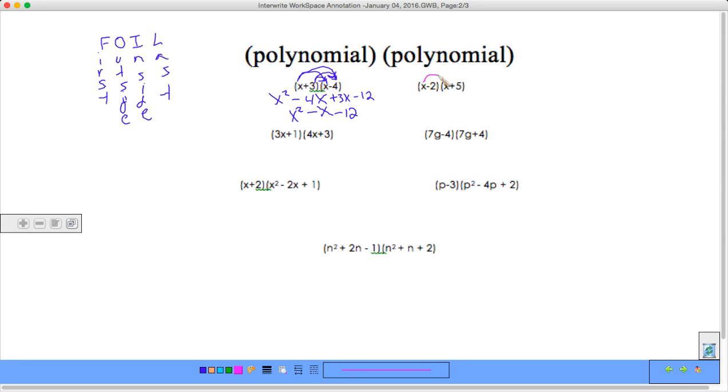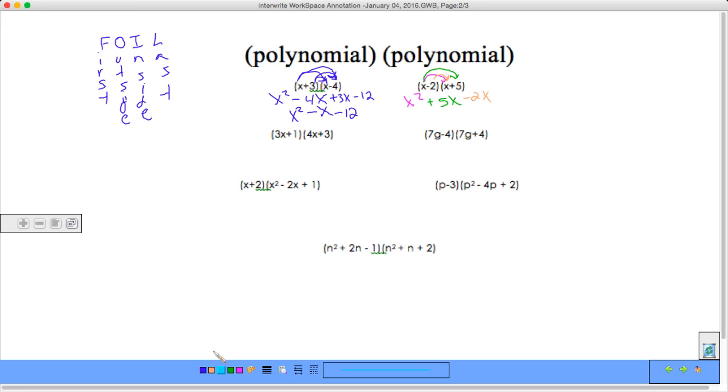We're going to take x times x. That's x squared. Then we're going to move over. X times the next thing is 5x. Then look, this term has gone to both of these, so it's done. So we're going to go to the second one. -2 times x is -2x.